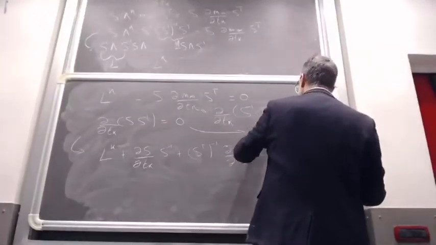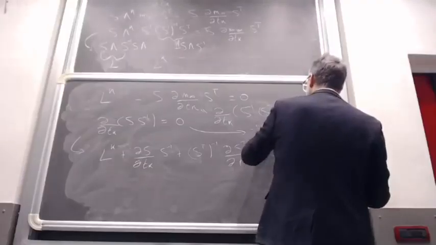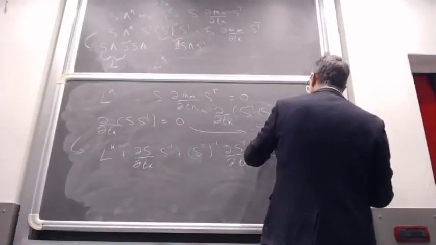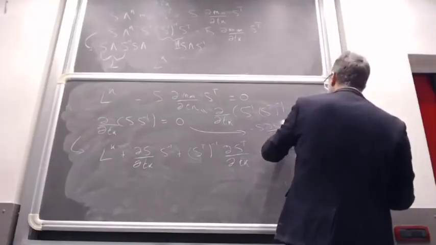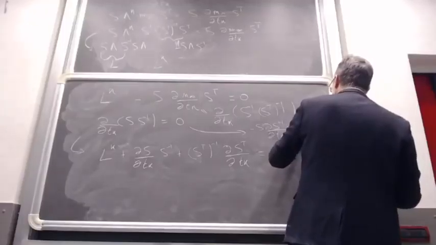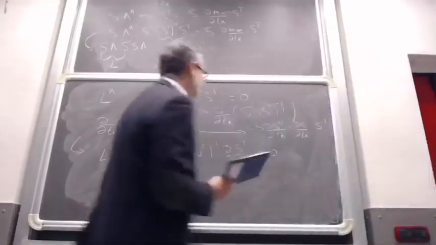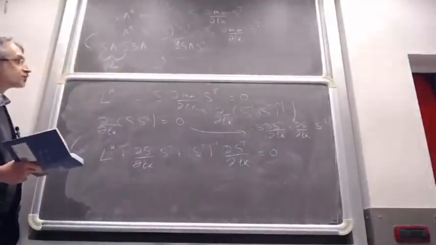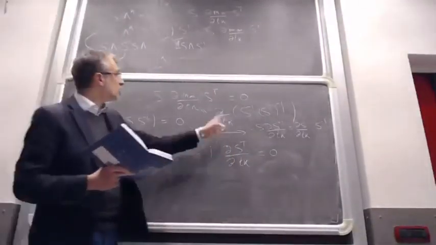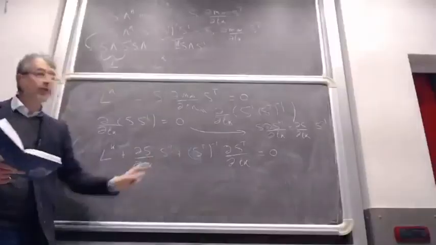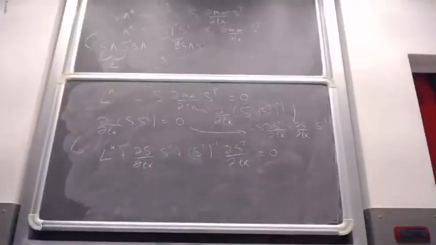So minus S d S to the minus 1 by dtk equals dS by dtk S to the minus 1. So when you plug this into here, you end up with this equation involving L and S.